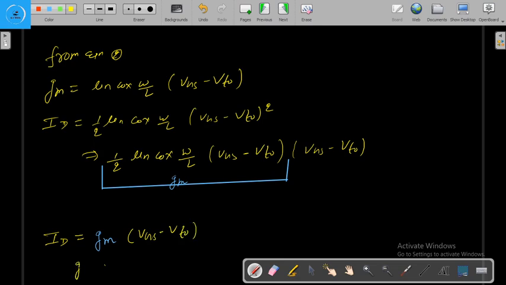So here we can write gm will be equal to Id divided by (Vgs − Vt0), right? And this will be our third formula for the transconductance in the saturation.